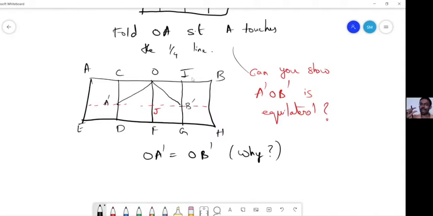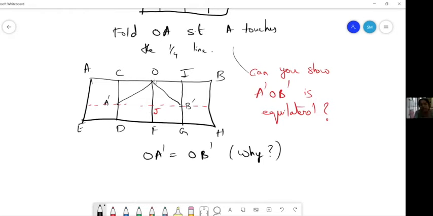If I take a more narrower rectangle, if I started with a more narrower rectangular strip, would it have still worked? Yes, because we are dividing it into equal parts, so all my parts are equal. So you're saying that OJ is equal to JF? No, I am saying OF bisects A dash B dash.